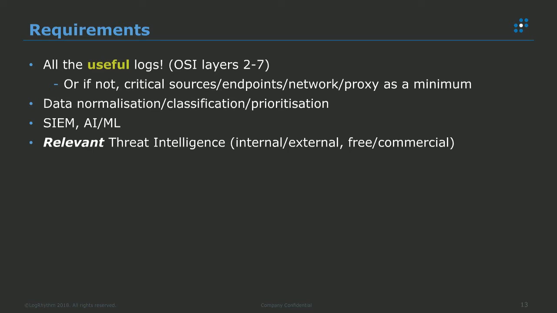So I touched on threat intelligence earlier, and that there are very many decent, both free and commercial, threat intelligence feeds out there. And similar to how I mentioned useful logs, in terms of threat intelligence you need to have relevant intelligence. So think about threat intelligence that's relevant to your organization. If you're a finance company, you should probably only be interested in threat intelligence to do with your industry or sector.